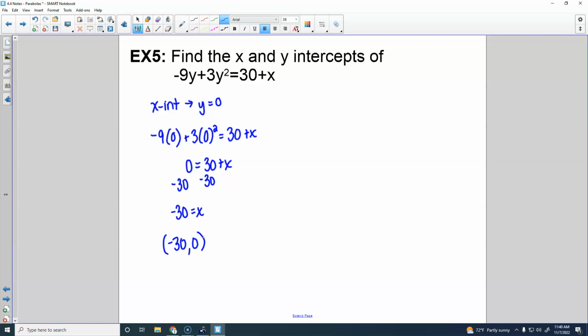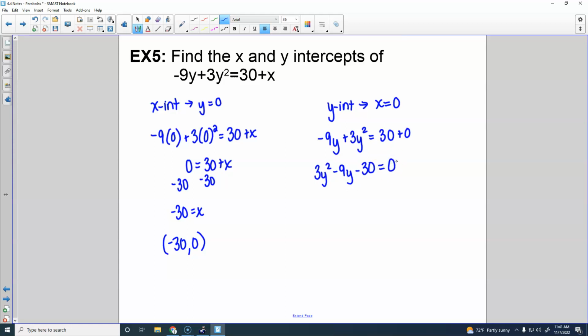And then you're going to do something similar for the y-intercept. You're going to do x equals 0. So that's going to be -9y plus 3y squared equals 30 plus 0. So we just got negative 9y plus 3y squared equals 30. How do I solve that? Move everything to one side, factor it if you can. So we're going to have 3y squared minus 9y minus 30 equals 0.